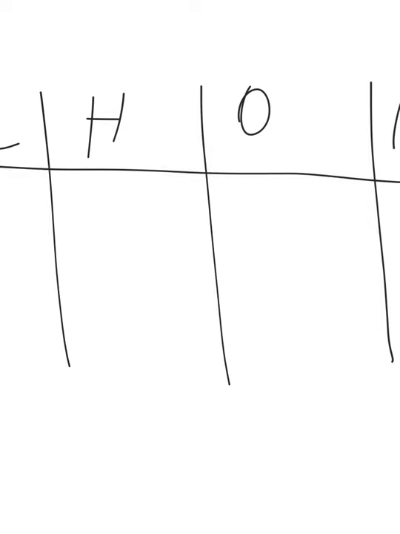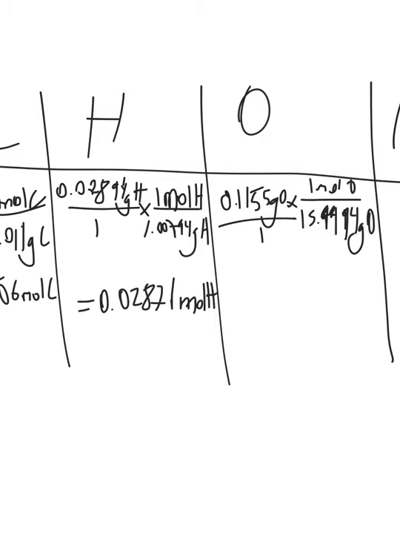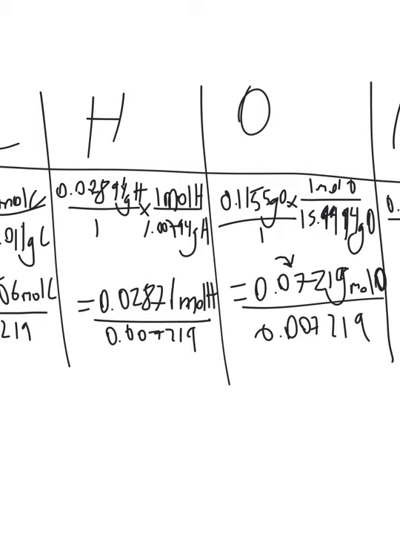To find our empirical formula, we will make 4 columns, 1 for C, 1 for H, 1 for O, 1 for N, and we must change everything from grams to moles. So we will start grams C to moles C, grams H to moles H, grams O to moles O, and grams N to moles N. Then, because moles O is the smallest mole value at 0.007219, we will divide everything by 0.007219.